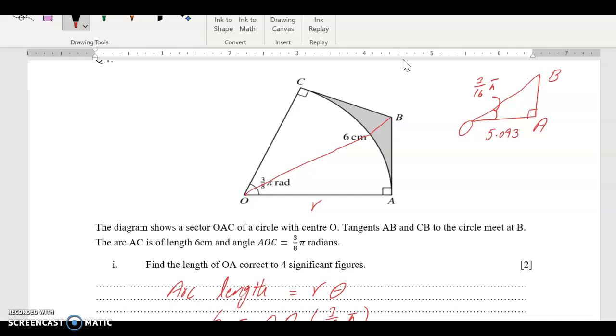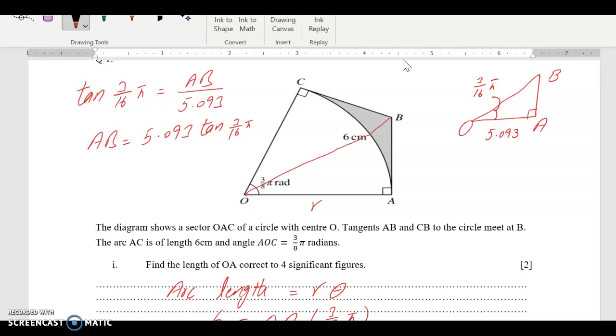Since this is a right angle triangle, with opposite and adjacent, we can use tan. So tan of 3 by 16 pi is equal to AB over OA, which is 5.093. So AB is equal to 5.093 times tan of 3 by 16 pi.